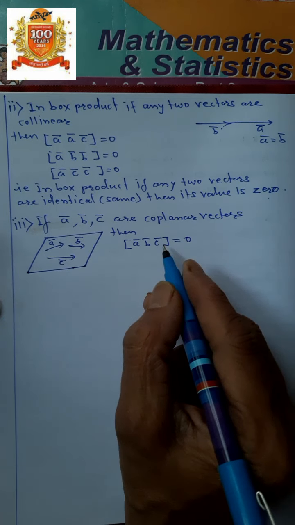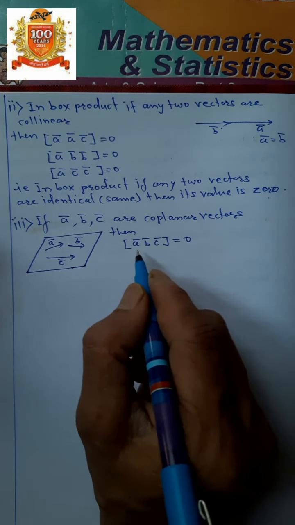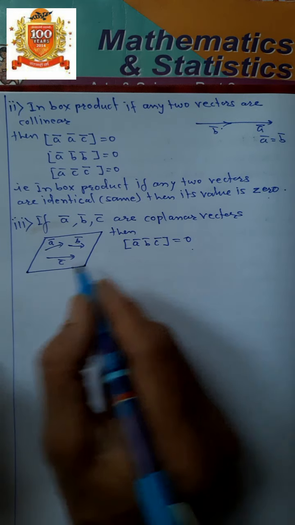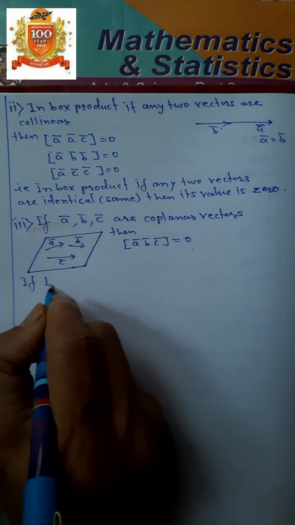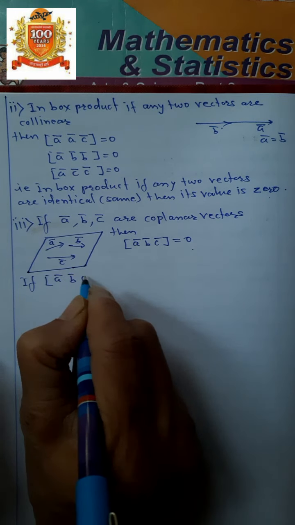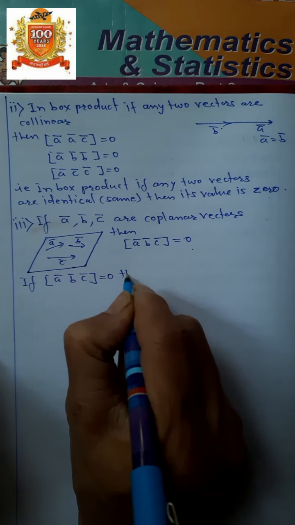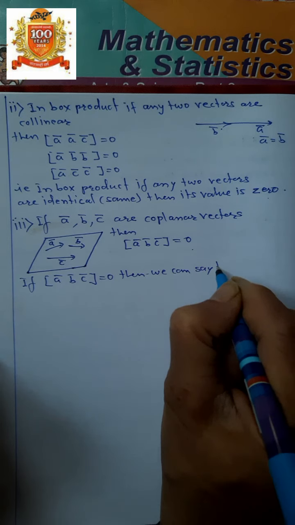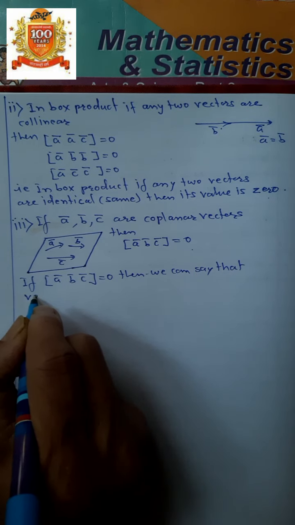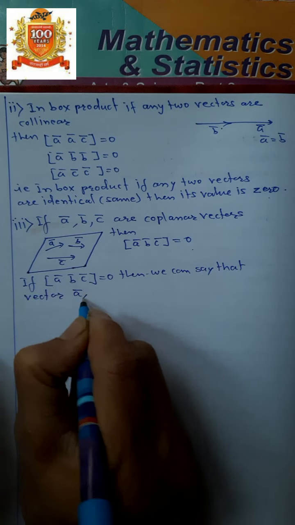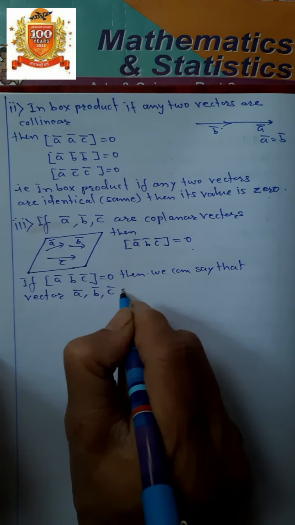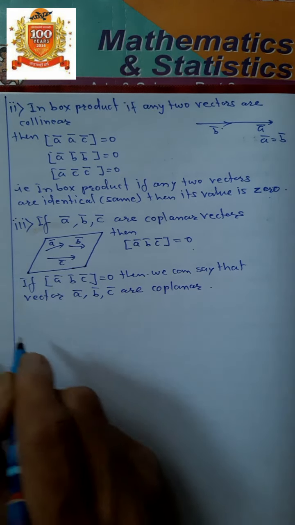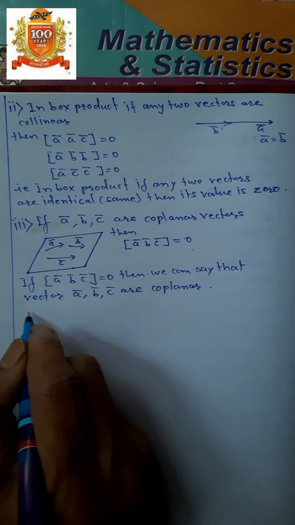If you want to show the given three vectors are coplanar, then just show the box product is equal to 0. Then we can say that vectors A bar, B bar, C bar are coplanar. Isn't it?